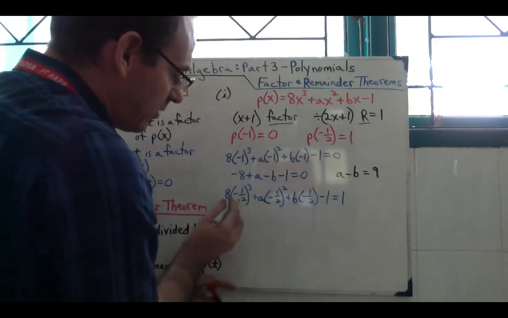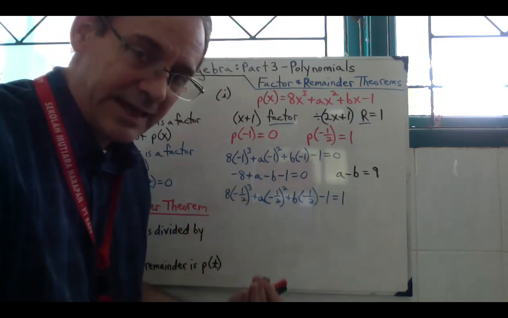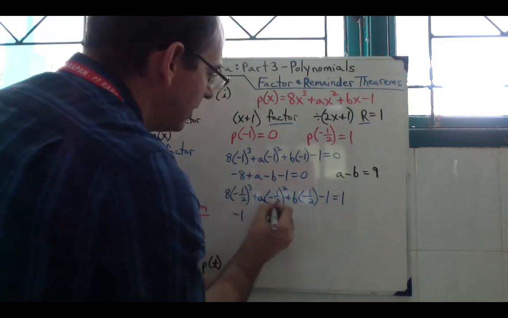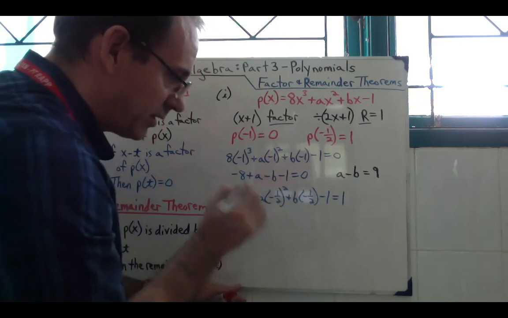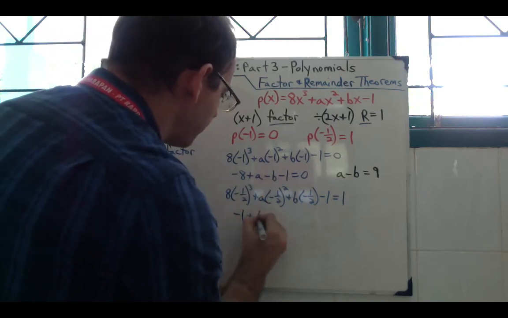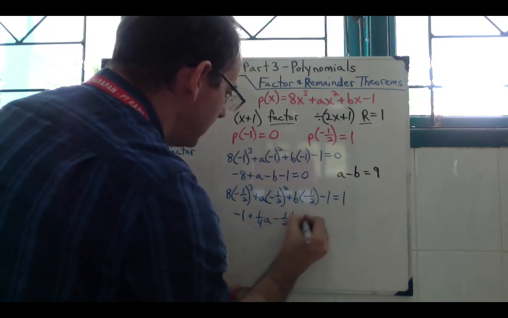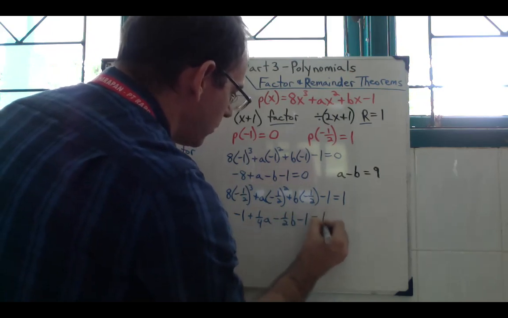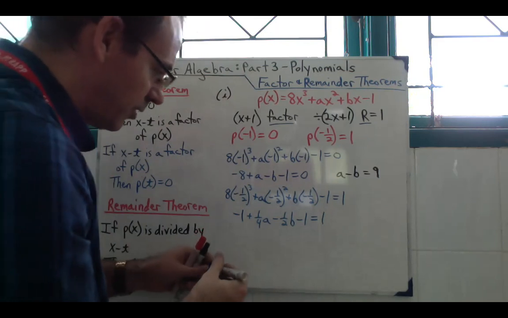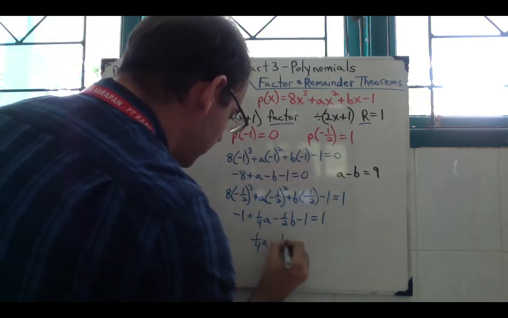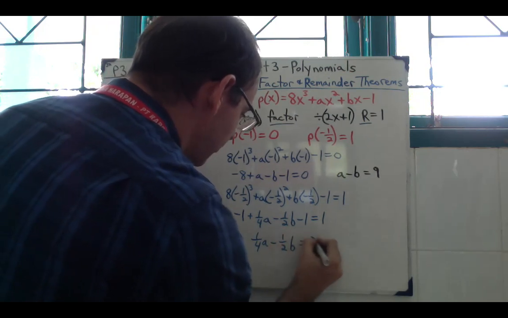Then when we work this out, negative 1/2 cubed is negative 1/8 times 8 is negative 1. Negative 1/2 squared is positive 1/4, so 1/4 a minus 1/2 b minus 1 equals 1. So hopefully you see here 1/4 a minus 1/2 b equals 3.